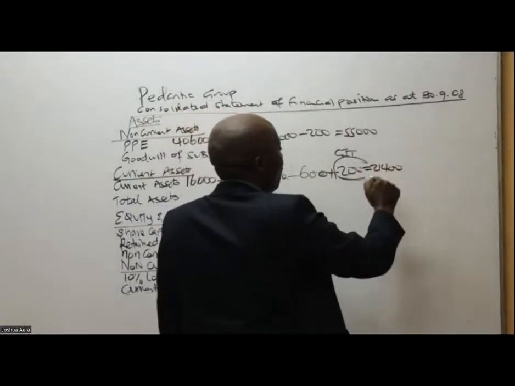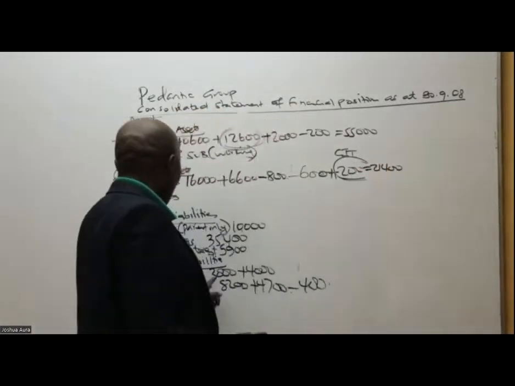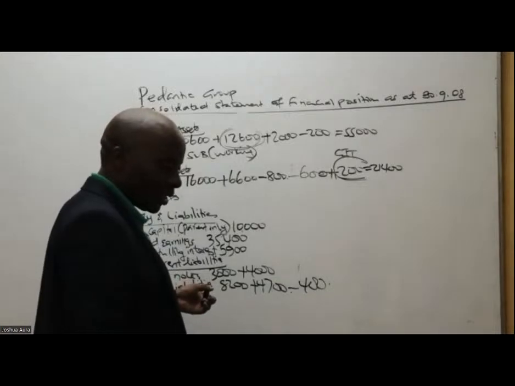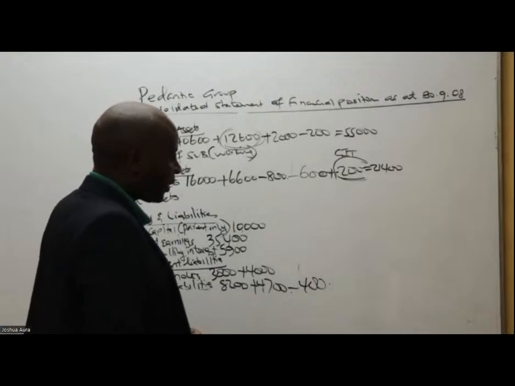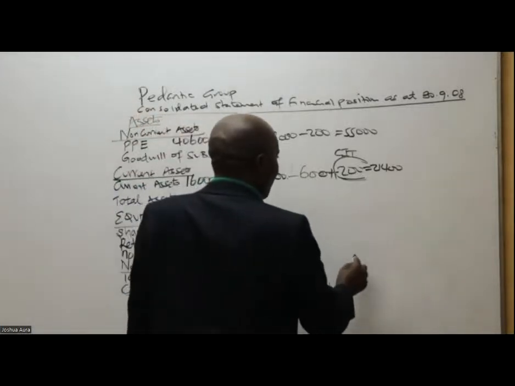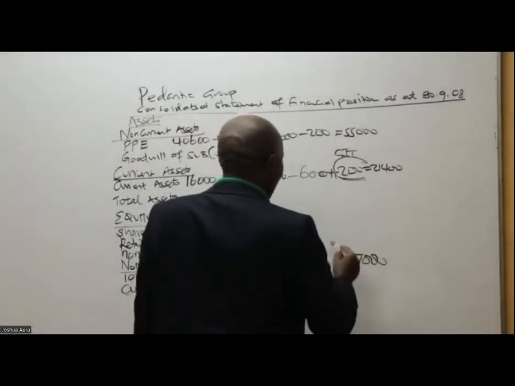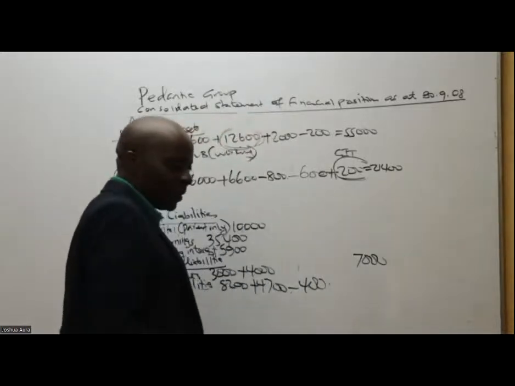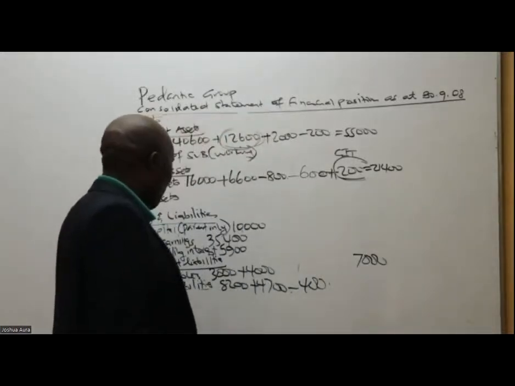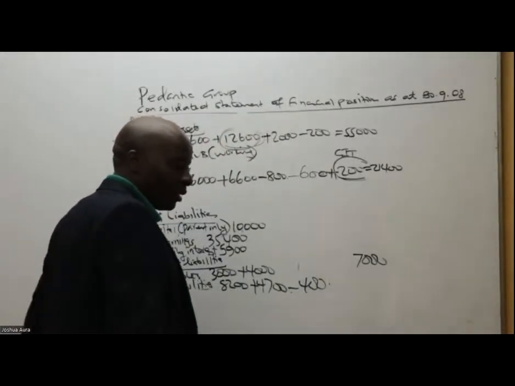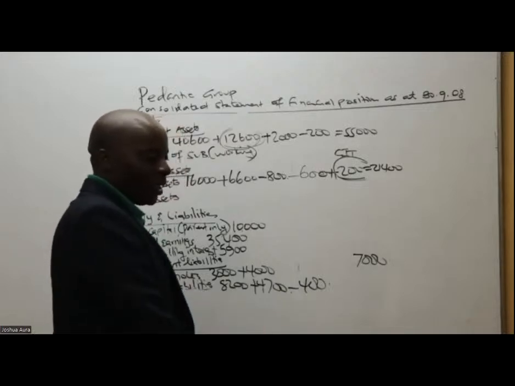The loan notes I have seen is 7,000. How about current liabilities? Is there anybody who has a figure for current liabilities?